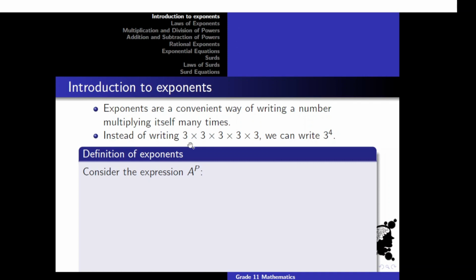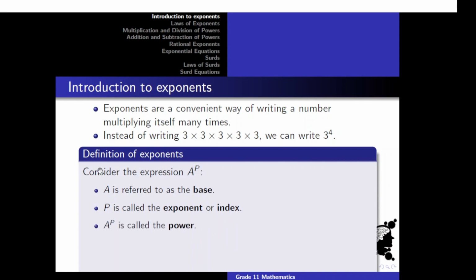So let's look at the definition of exponents. If we have something like a with a p at the top, what we know here is that a is called the base. We've got p, which is called the exponent or the index, and then the whole thing is called the power. I know when we talk sometimes we tend to interchange the exponent and the power, but please take note that they are two different things.